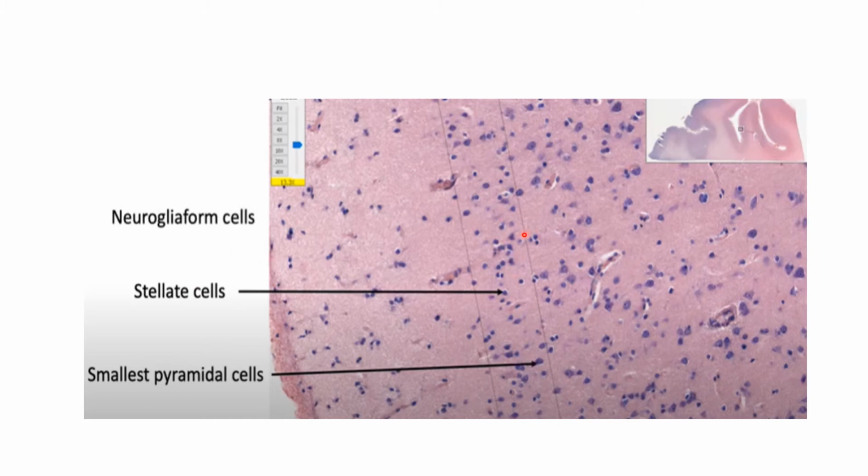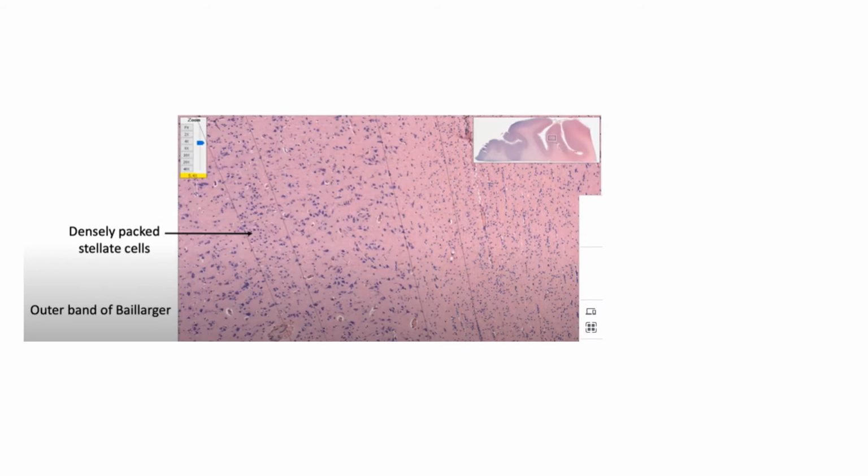We have the neuroglial cells, stellate cells, and the smallest pyramidal cells in the outer granular layer. They are densely packed. Why it appears more blue is because of the nuclei of the stellate cells, which are densely packed.